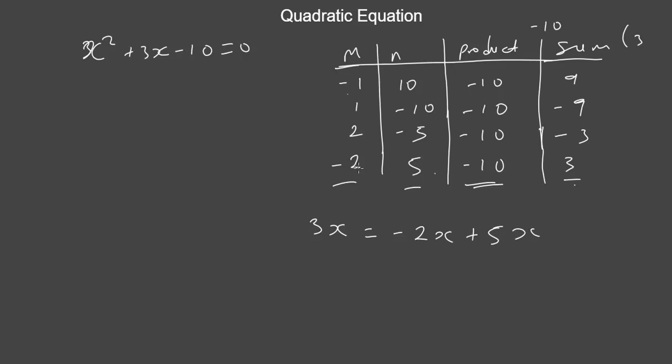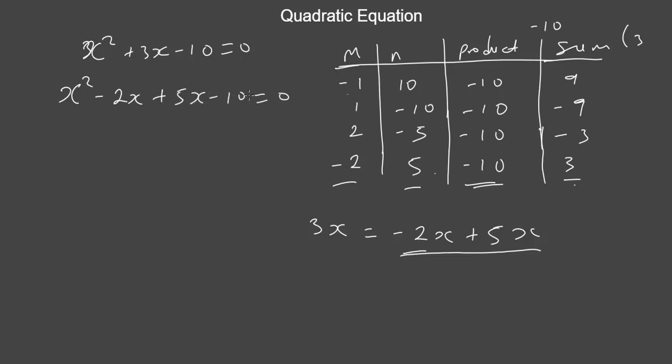You just attach x to these. And that will give you 3x because minus 2 plus 5 gives you 3. Now you just attach x to everything, so this will replace 3x here. So you just say x squared, then minus 2x, then plus 5x, minus 10 equals 0.